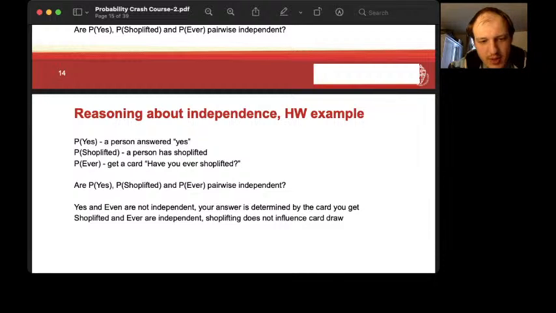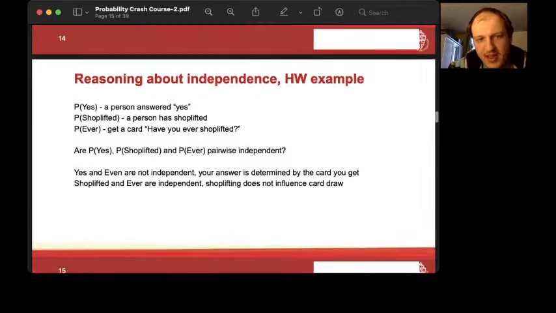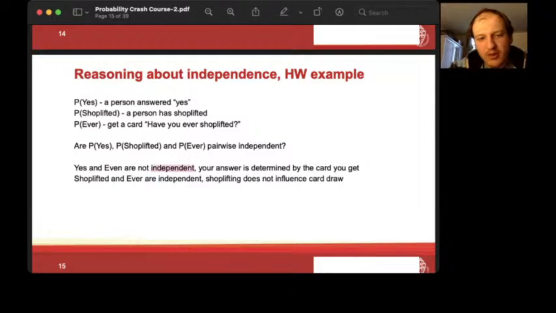While for shoplifted and ever, you can use directly the joint probability, and then also separate into two different parts. So the probability of yes will be equal to shoplifting times the probability of ever, plus not shoplifting times the probability of getting a card never.